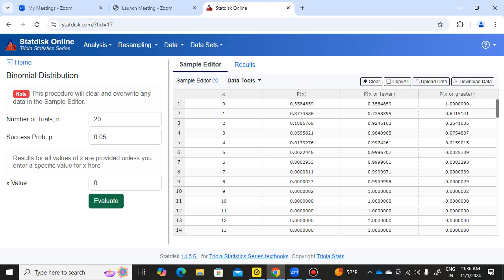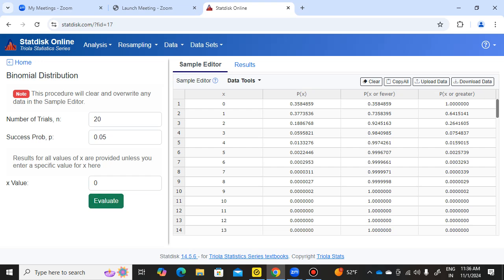Well, there's nothing less than 0, that's why that's the same. For the probability of x defects or greater, in this case it's 1.0. You're going to have anywhere from 0 to 20 defects. I mean, it has to be somewhere in that range. So that's why that's one, or a definite probability.